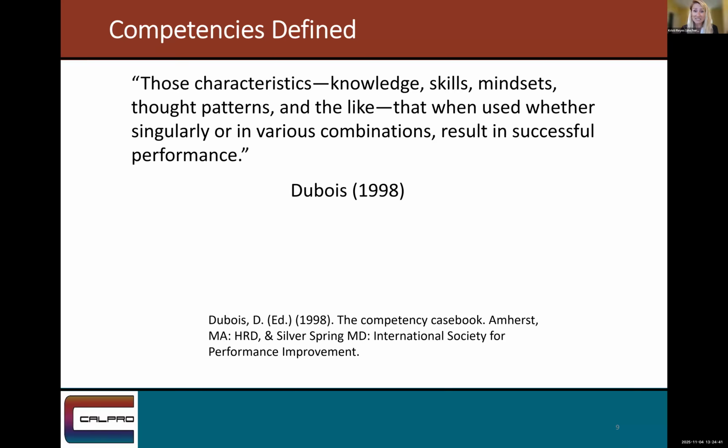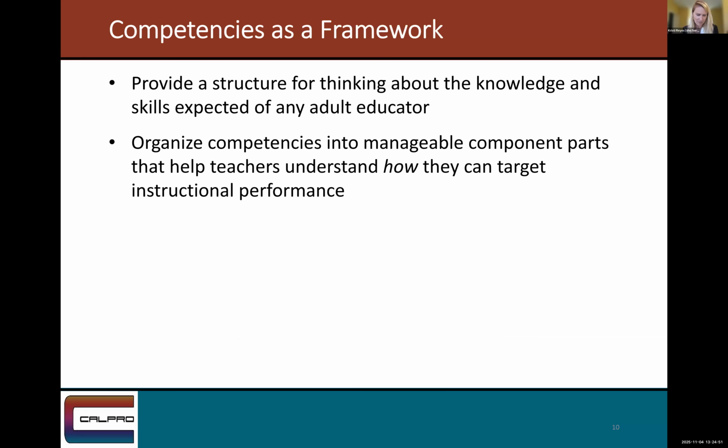So you said abilities and skills, but other things too, like maybe we don't always think about mindsets or thought patterns. And of course, knowledge, that's kind of a given, right? So yes, competencies. So a little bit about the competencies as the framework for the adult education teacher competencies.